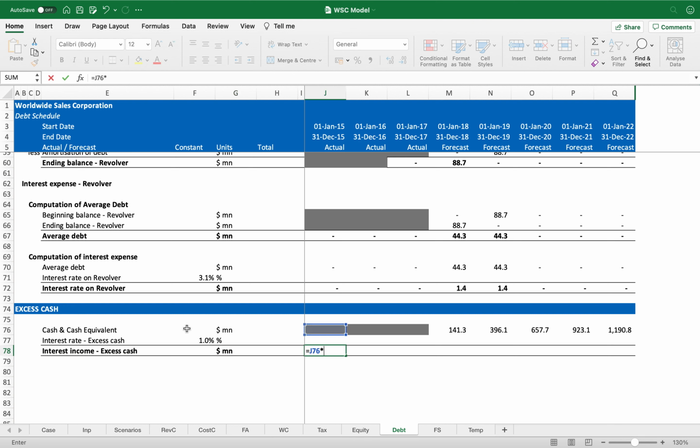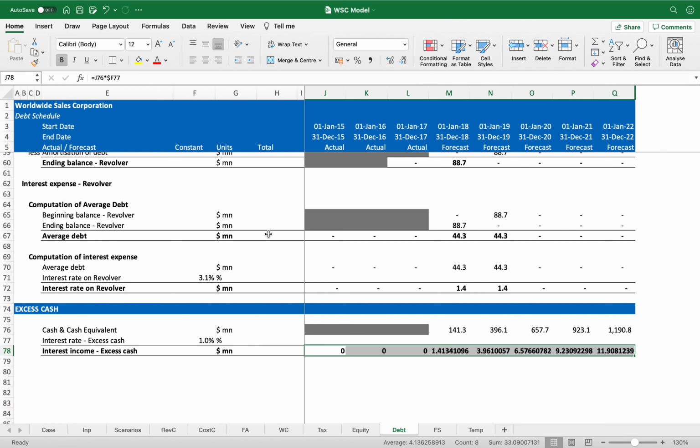Your cash multiplied by 1%. Now this is your excess cash reached till this point. This is your excess cash. Okay. Now everything is computed.